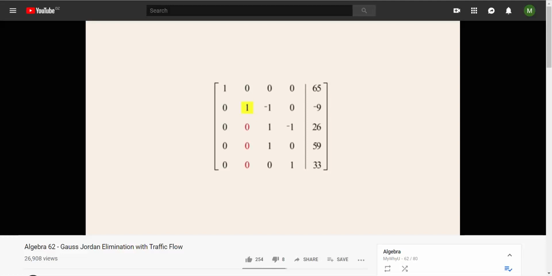So we move to the third row and check its leading entry. Since that entry is a 1, we make sure that all the entries below are zeros. Once again, only one entry needs to be zeroed, and we do this using a pivot, adding -1 times row 3 to row 4.